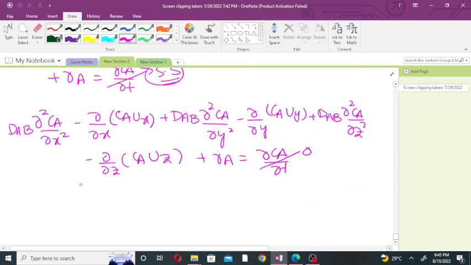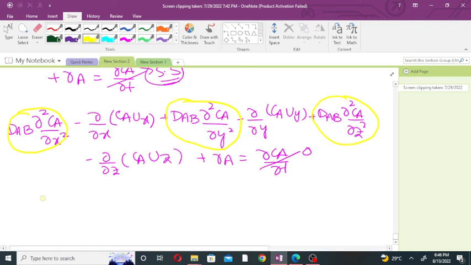Now you can see that in this term the diffusivity DAB is given, in this term the diffusivity is given, in this term the diffusivity is given. So I am combining these three terms and I will take DAB common from these terms.